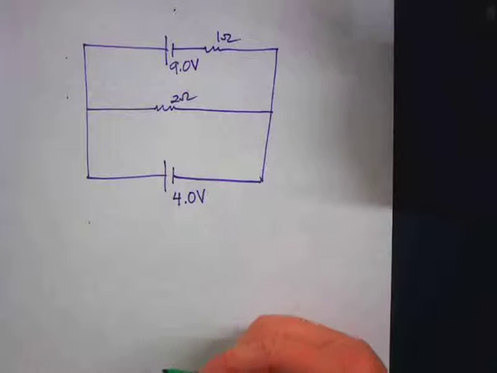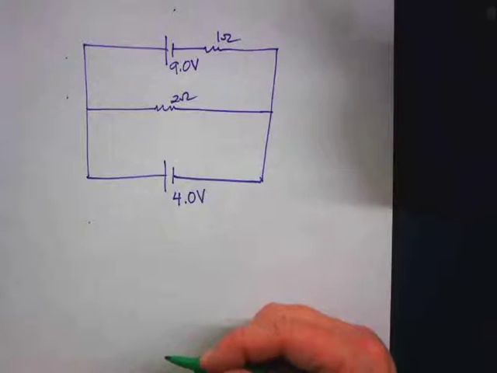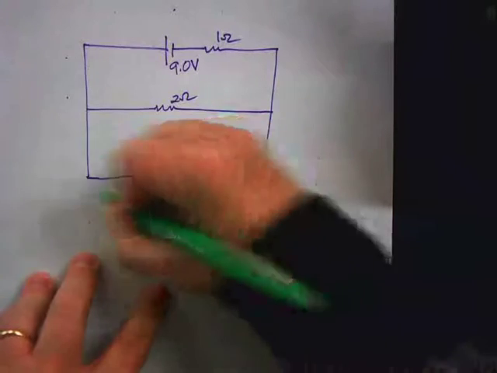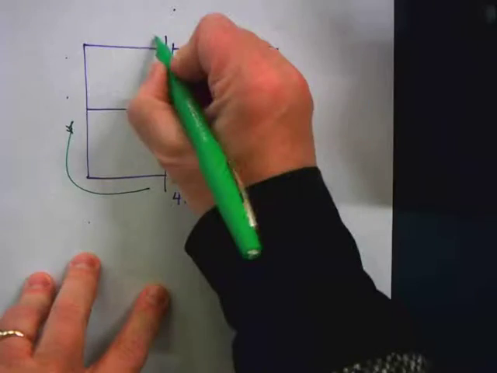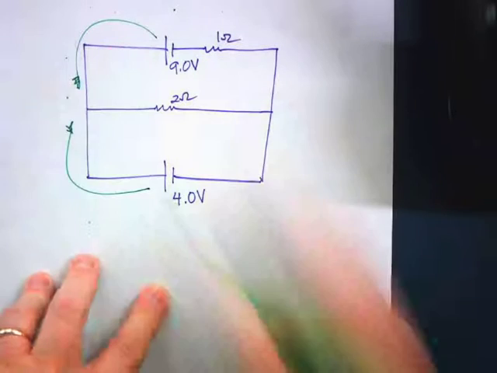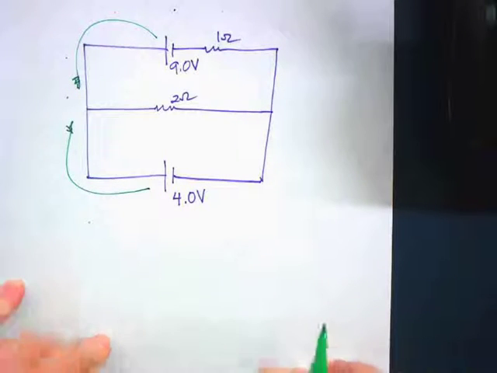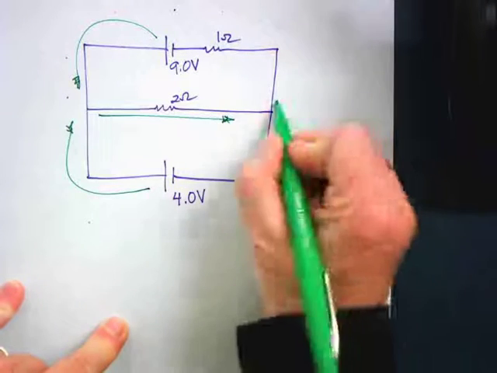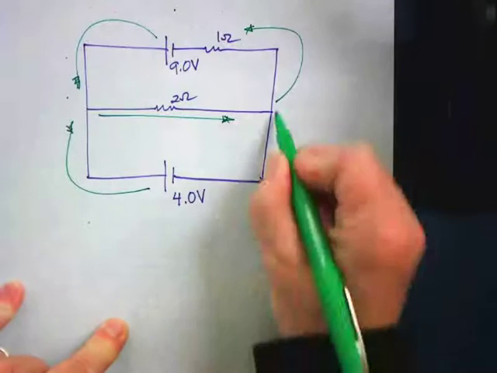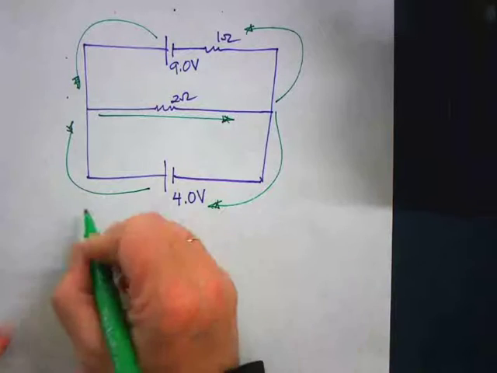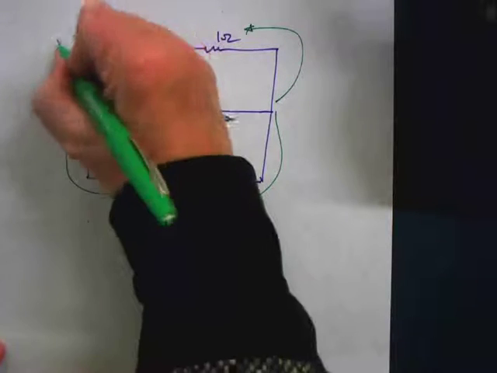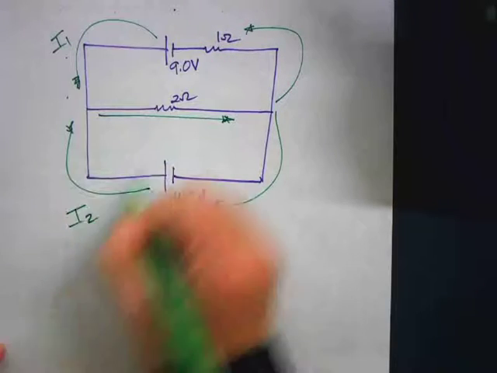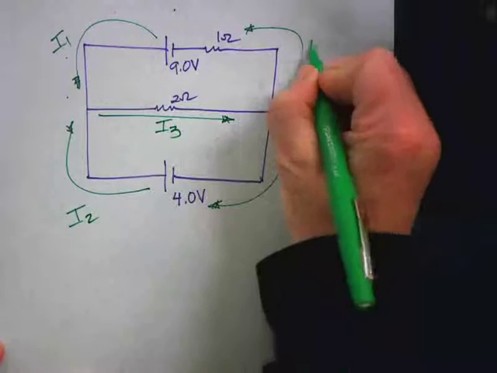All right. The first thing you should do is figure out the direction of the current. Current goes this way and this way, right? Out of the positive into the negative. It would make sense then it would come together and then split.